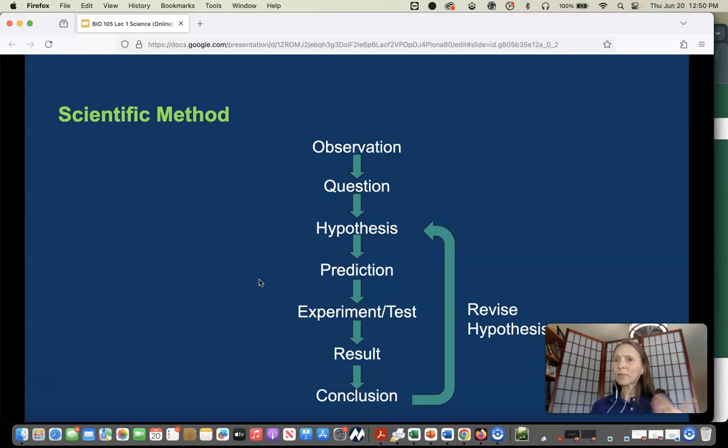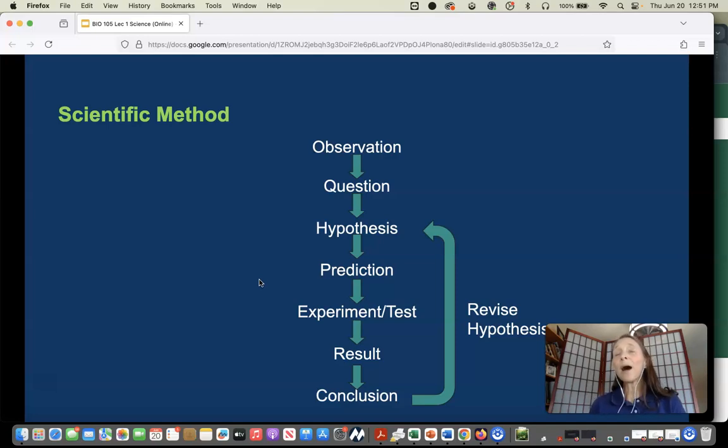So you may make an observation that you were at a pond with slow moving water and you were at a river with fast moving water, and the river with the fast moving water looked cleaner to you. Okay, so that would be your observation. So your question then may be, is slow moving water more polluted than fast moving water? And that would be your question, right?